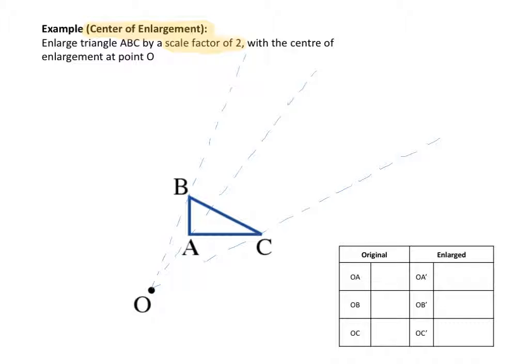Now the next step is to measure how far it is from O to B. From O to B, it is 4.5 centimeters. So I'm going to make a note of that in my table, 4.5 centimeters. I measured from here all the way up to there.